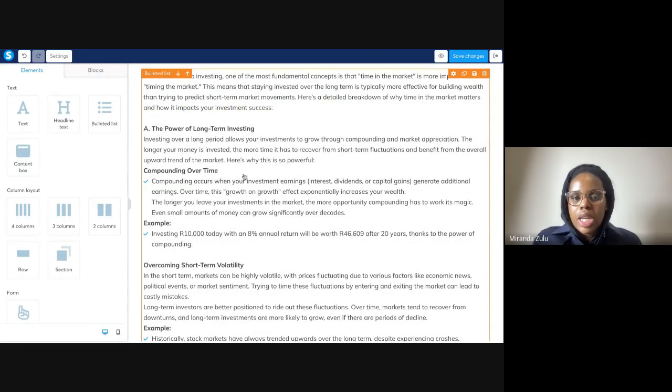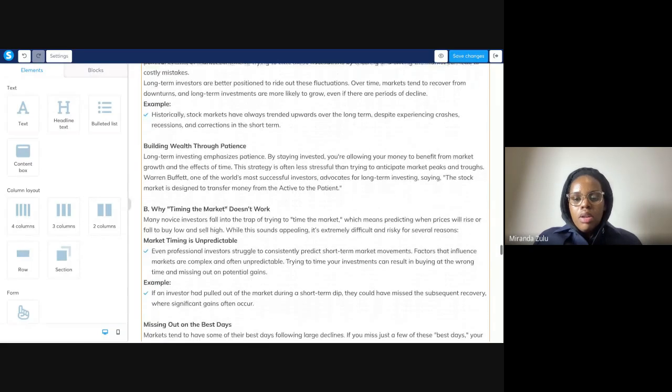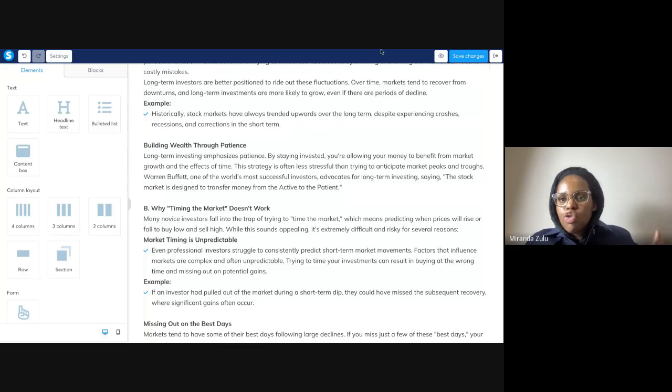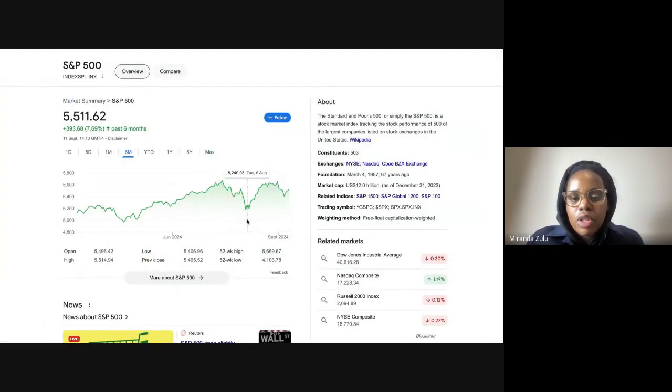And so that's essentially the notion of having a long-term mindset when it comes to building wealth and not trying to always enter at the right time and exit at the right time. What I say with that is, if there's a share that you were buying, for example an ETF, and something happens and it drops, like the S&P 500, when it dropped and you had money, it would be great to buy.